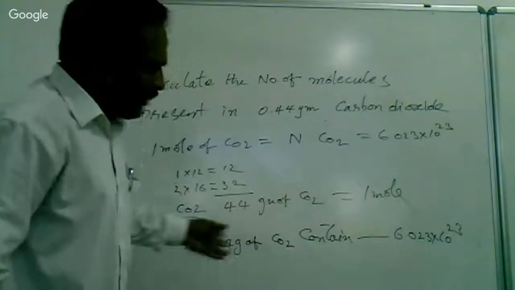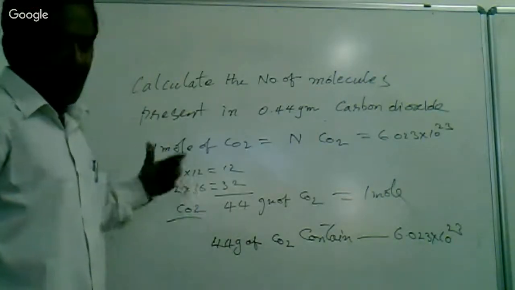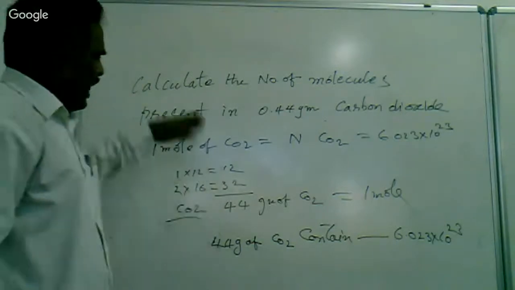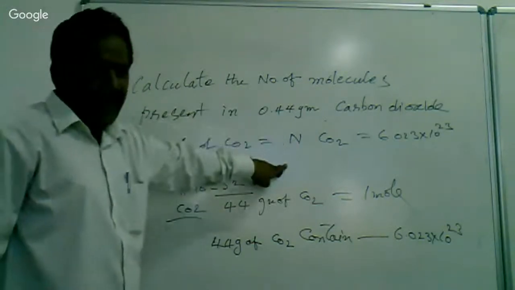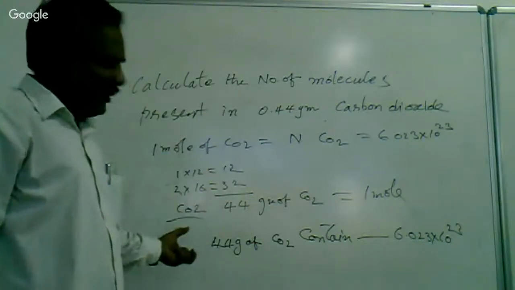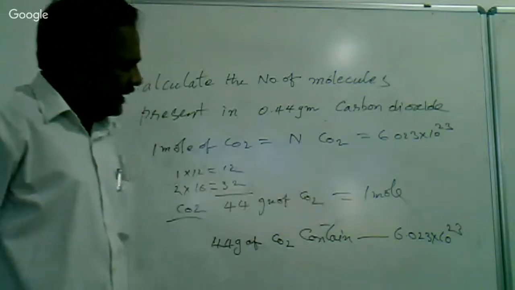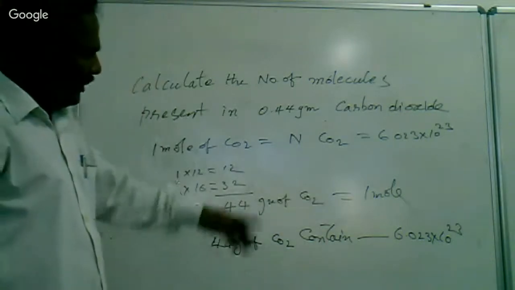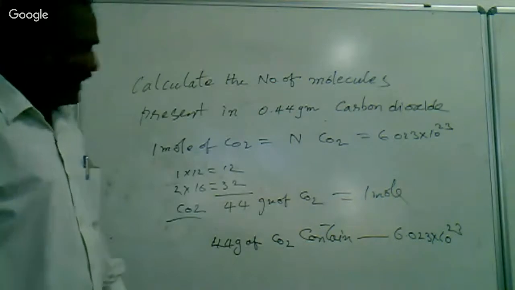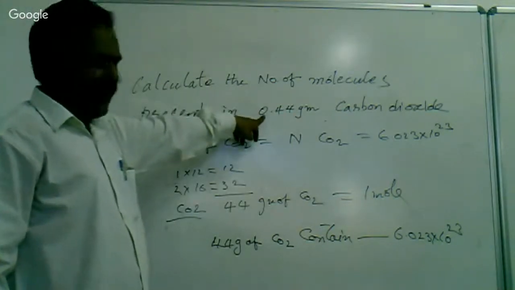Up to this is just the mole concept, in which 1 mole of any substance contains 6.023 into 10 power 23. We have just calculated the molecular weight of carbon dioxide. So knowing the weight of 1 mole of carbon dioxide, which is 44, the 44 grams of carbon dioxide consists of 6.023 into 10 power 23 molecules of carbon dioxide. Now the given weight is 0.44 grams.